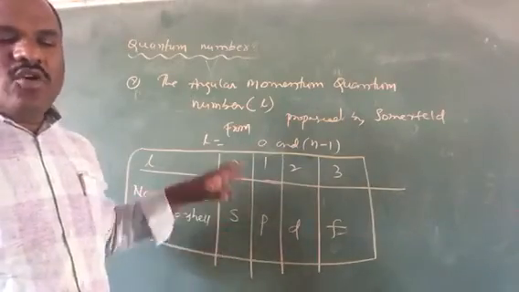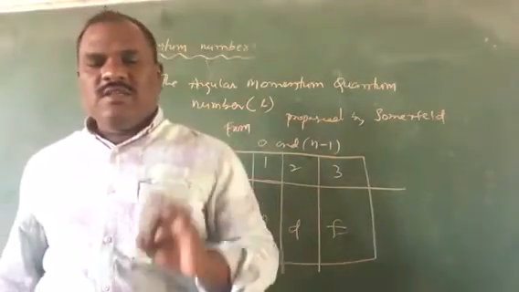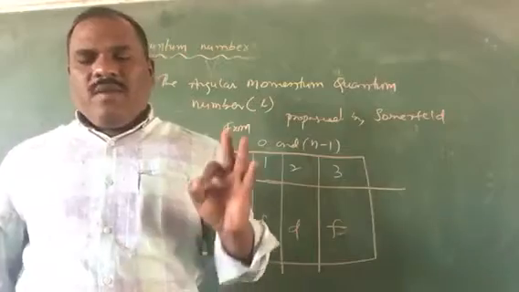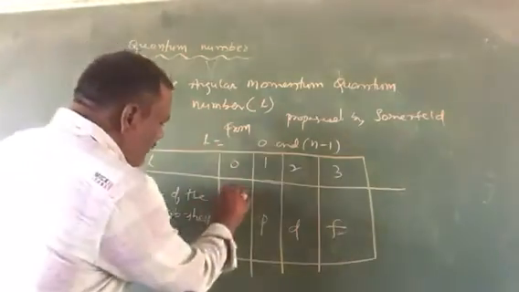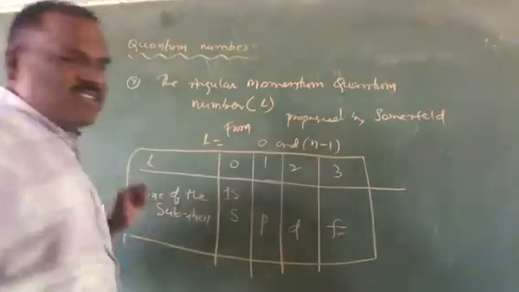When n equals 1, there is only one subshell, with L equal to 0. This is designated by the symbol 1s, the 1s orbital.